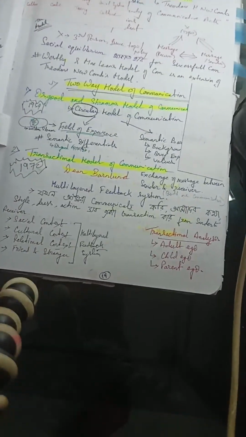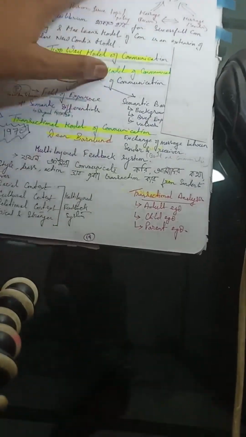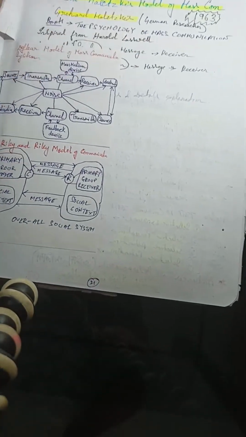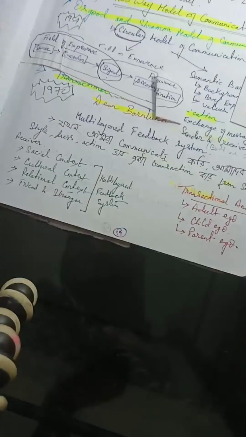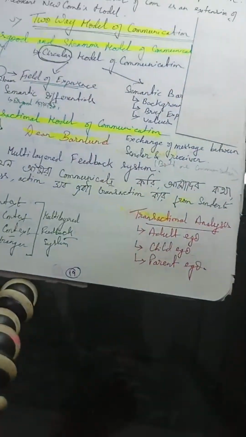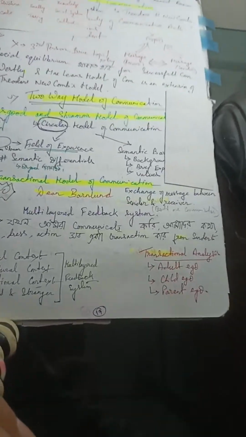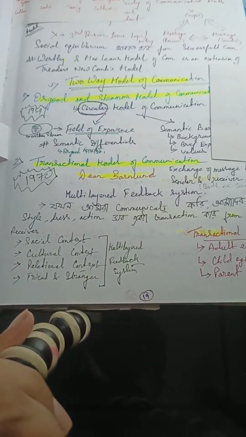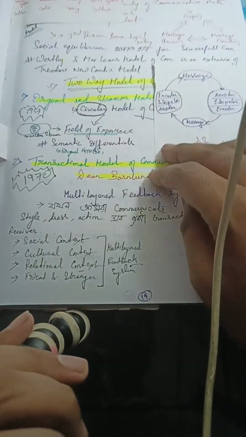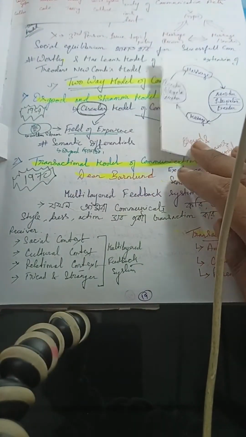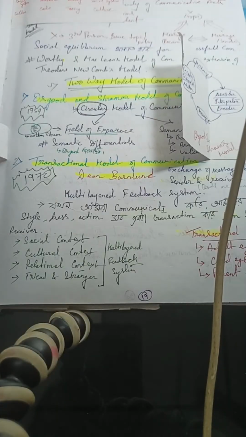In the Schramm and Osgood model, as you can see, it's a common field of experience.